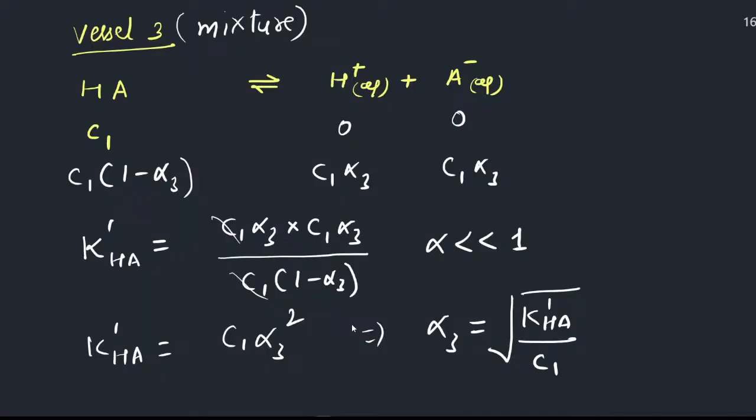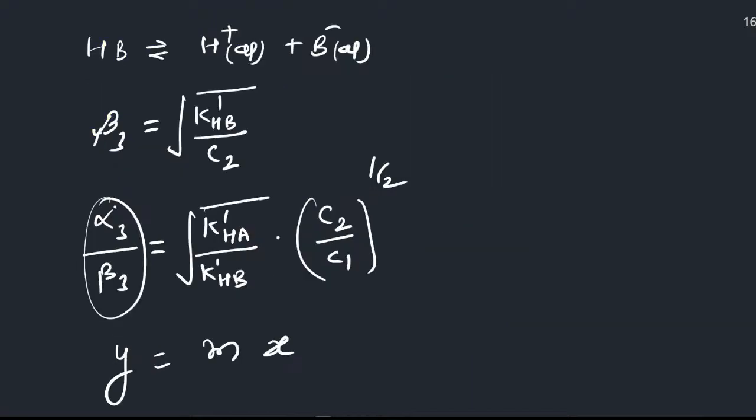But in the mixture, H plus ion becomes C1 alpha 3 from HA and C2 beta 3 from HB.